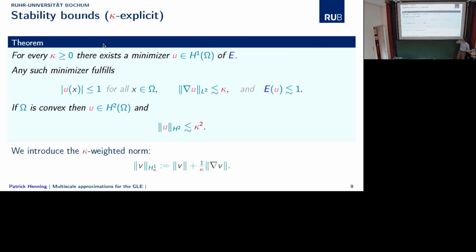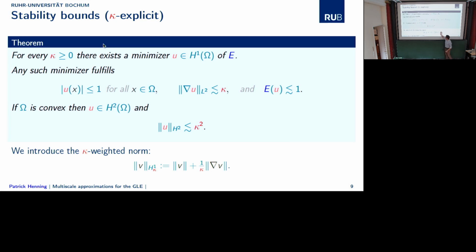Before I show some more results in this direction, something that these kind of scalings directly suggest is to look at errors not in the standard H1 norm, but to introduce a kappa scaled norm. This is something that you know maybe from the Helmholtz equation, where this is quite standard, and we use the same thing here.